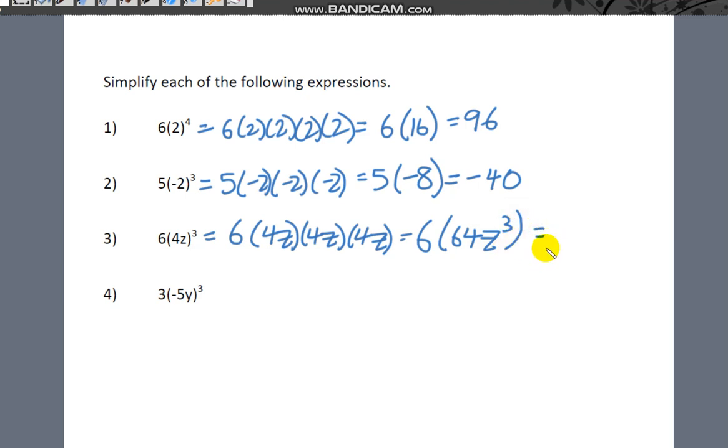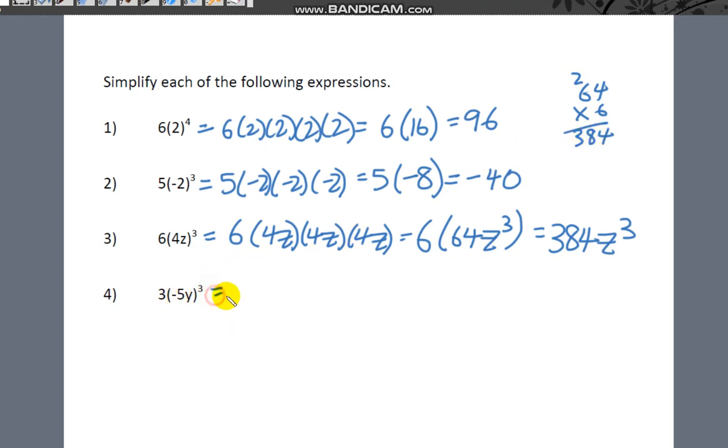Okay, then you have to do 6 times 64. And that should be 384, just using a calculator there. So this is 384z cubed. Yeah, let's just make sure. 64 times 6. Yeah, okay.